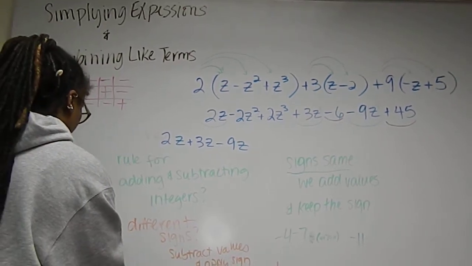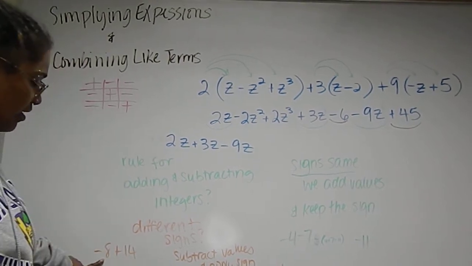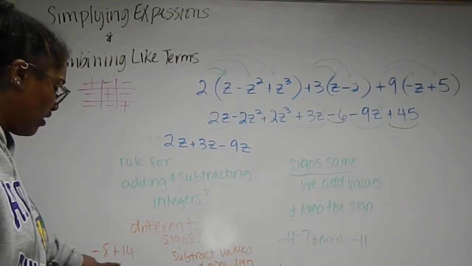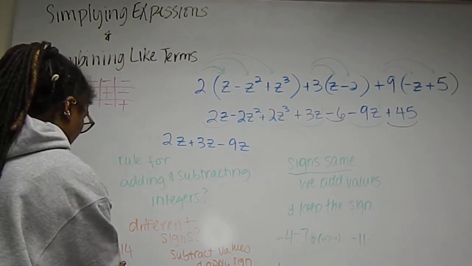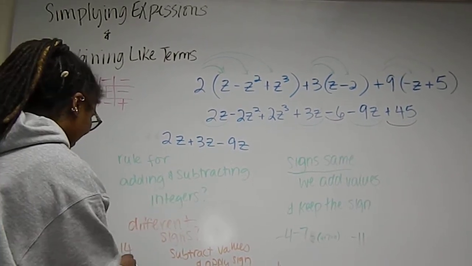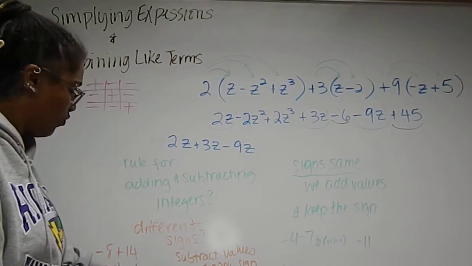So we have different signs. That means if we had, this is a negative, this is a positive, so we're going to subtract our values. Just wanted to make sure it equals 6, right? And what do we have?